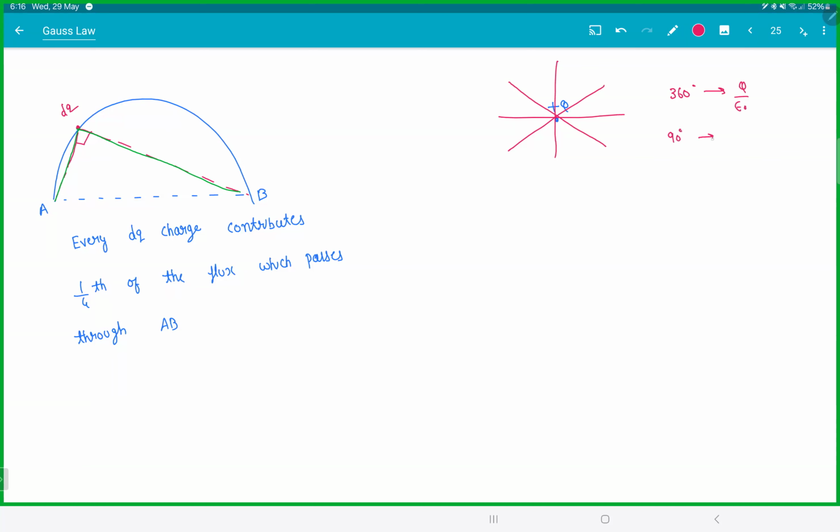So 90 degrees will give 1/4. This works only for the cylinder. Normally you should take 360 degrees as a solid angle. Valid here, since for a cylinder the field is radial. It's a long cylinder. How will the field be for a long cylinder? Remember, we drew the diagram, the field will be like this. The lines are just coming in the same plane.